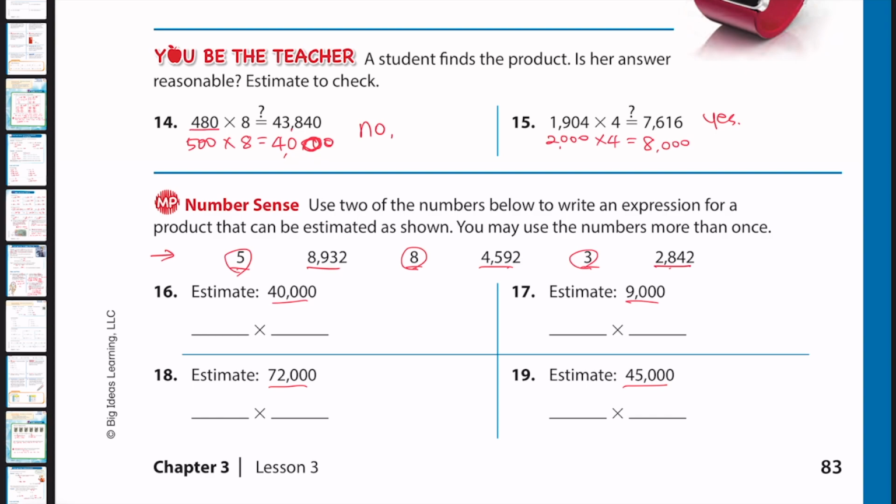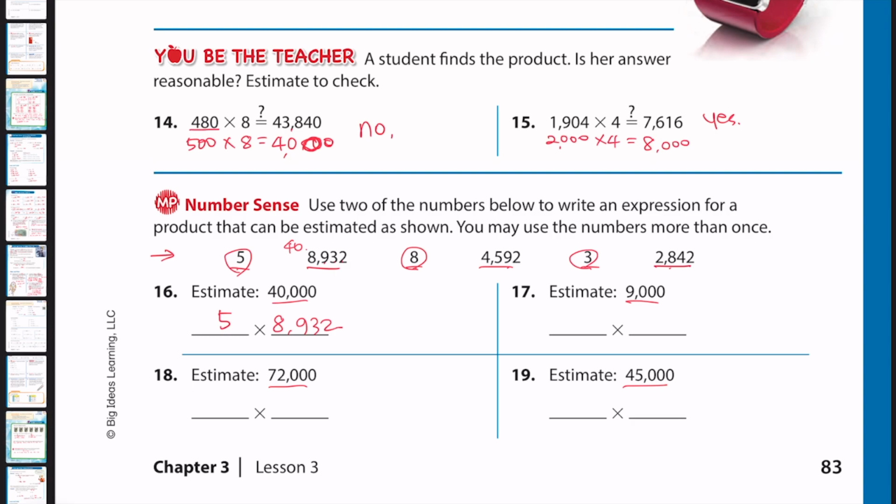Let's find out. This time I'm going to try 5 times 8. Yes, 40. And then 1, 2, 3. Oh, okay, so that's already here, 5 times 8,932. We can say that, right? Okay, now what about this 9,000?